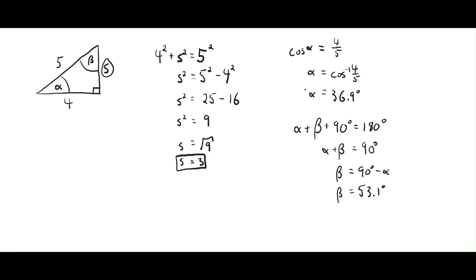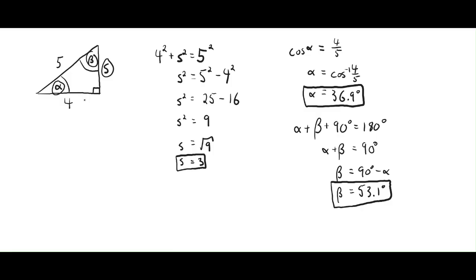Okay, so we had alpha, and we had beta, and we found the side length S. So we found this and this and S, and we know everything about that right triangle.